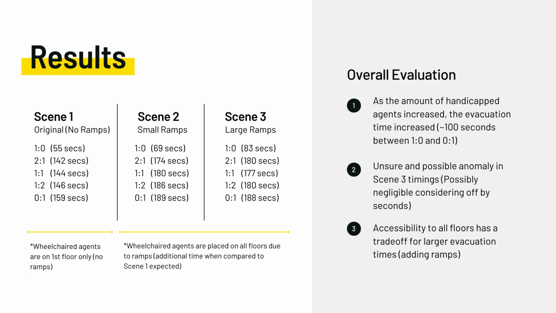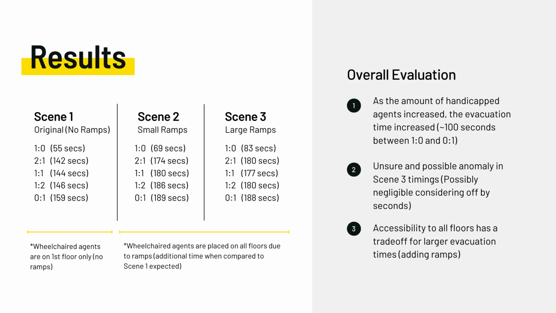So as you see, as we ran more iterations of simulation testing for impaired people, handicapped, and normal agents with more people in the environment, it took more time, and this is with no ramps for both normal and handicapped agents.